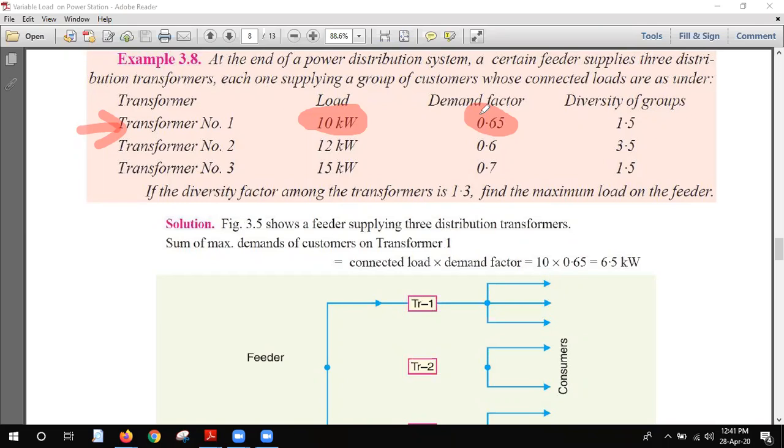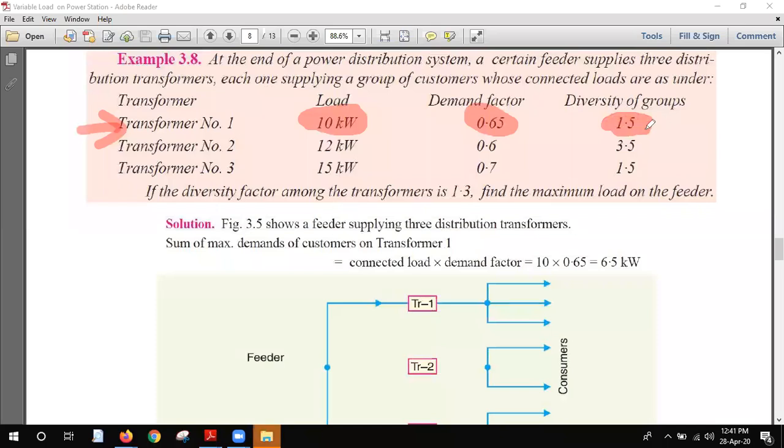If we sum everyone's maximum demand, we get 0.65. And the diversity of that group is 1.5.